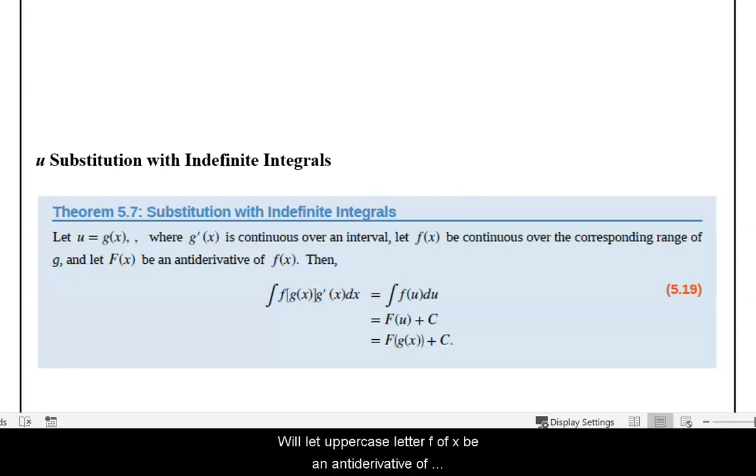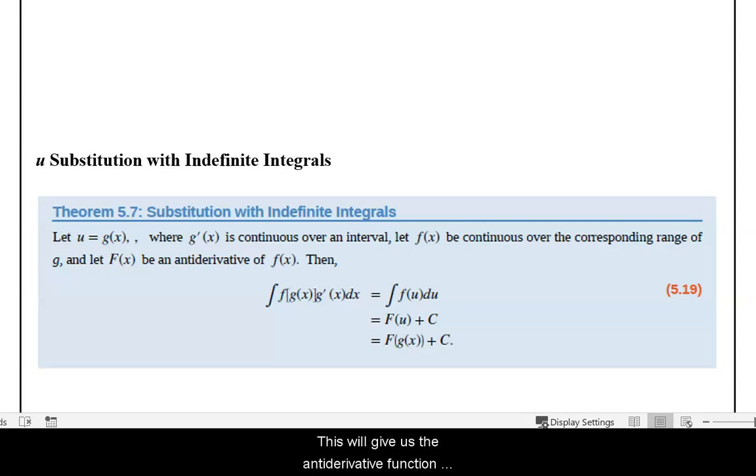We'll let uppercase letter F of x be an antiderivative of lowercase letter f. Then we can state that the integral of the composed function, g inside of f, times the derivative of g, will give us the integral of the outside function f, with the substitution u equal to g of x inside of it, with respect to the differential of u instead of the original differential dx.